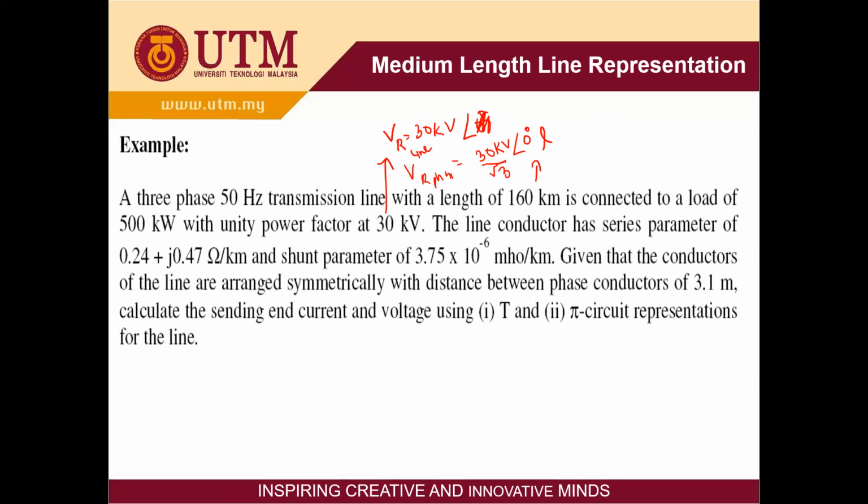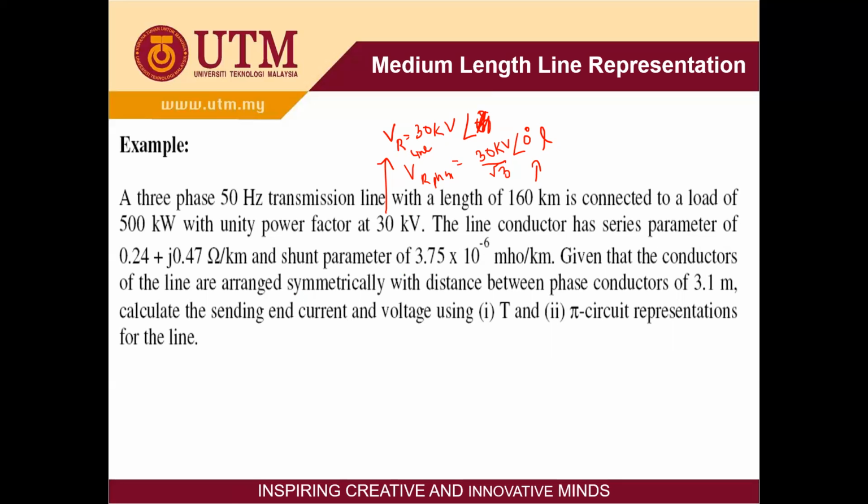So this is our VR phase. The line conductor has series parameters of 0.24 ohm resistance with a reactance of 0.47 ohm per kilometer, and the shunt parameter, which is your admittance, is given as 3.75 times 10 to the power of -6 per kilometer.